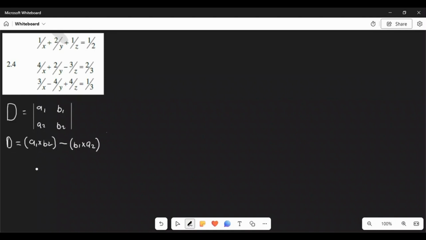Now another thing that you need to know is what we call cofactors. This question might take longer, so you need to make sure that you brace yourself. The cofactor signs are for the third order. Let me show you the cofactor signs. The first row is positive, negative, positive; then negative, positive, negative; then positive, negative, positive.